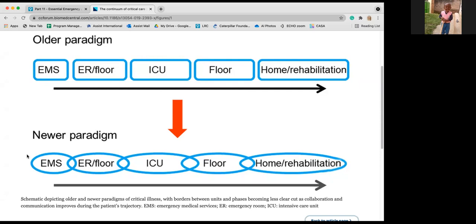Since the patient is recovering from ICU, then we go on the floor, the ward, then it will be discharged home or rehabilitation unit.